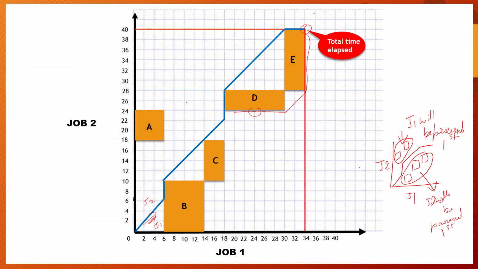So from the graph we can see that on machine A, job 1 is processed first, and on machine B, job 2; on C, job 2; on D, job 2; and on E also job 2.